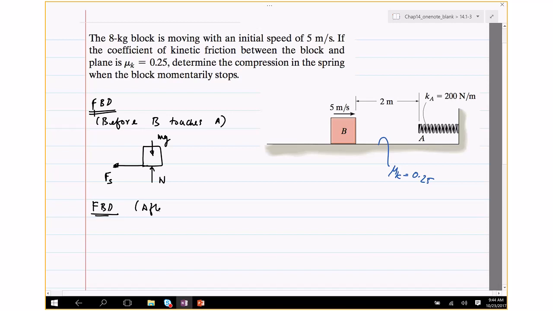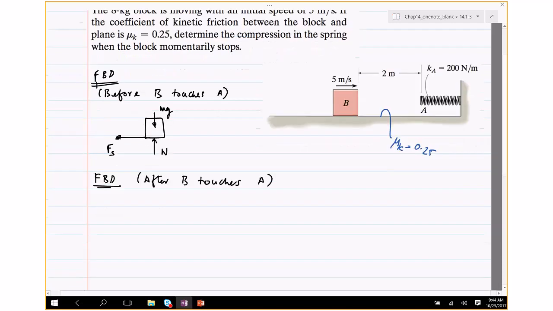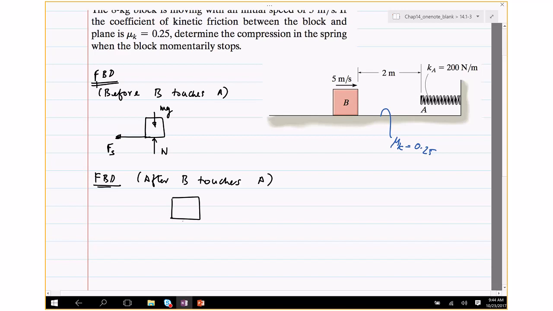After B touches A, in this case there's going to be a friction force for sure. In addition, there's going to be a spring force.